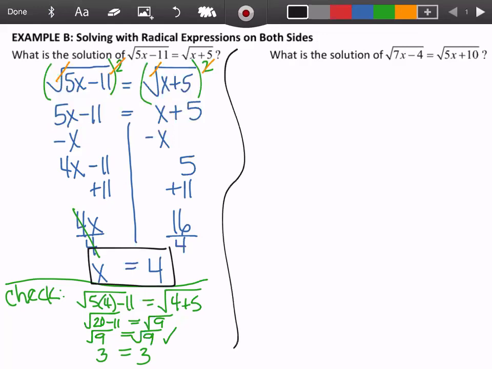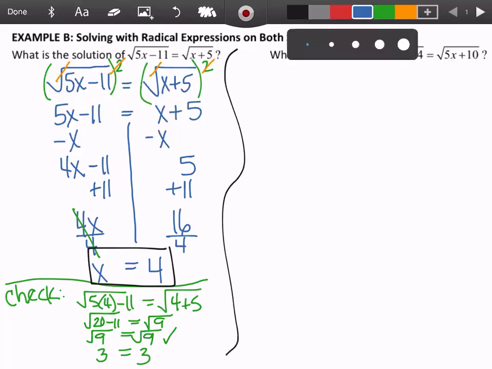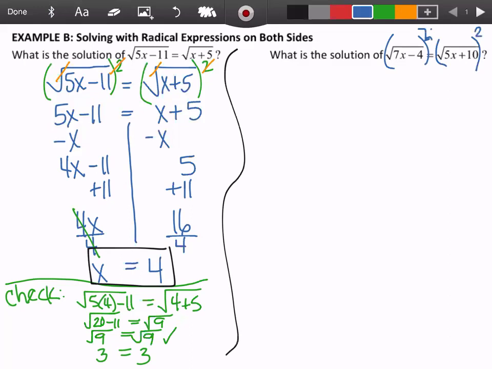Now we're going to do that again with this equation, where we have the square root of 7x minus 4 and the square root of 5x plus 10. We're going to square both sides to get rid of that square root sign. So on the left here, we have 7x minus 4 is equal to 5x plus 10.